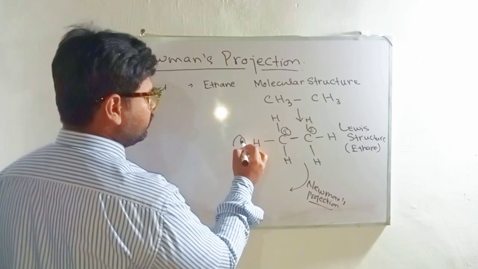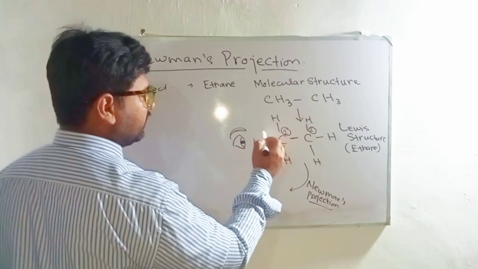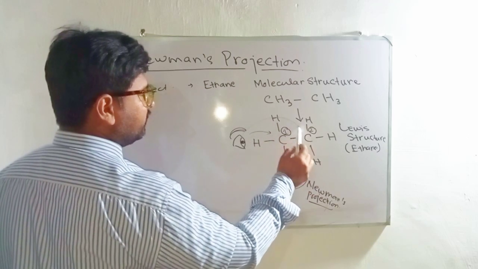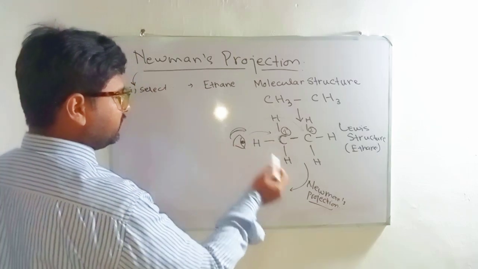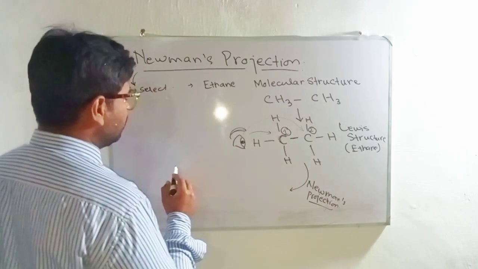So when we view this structure from here, this carbon atom will be nearer to the reader, while the second carbon atom will be far away from the reader. So we are going to draw it in Newman's projection form. First of all, we will draw C1, carbon number 1.